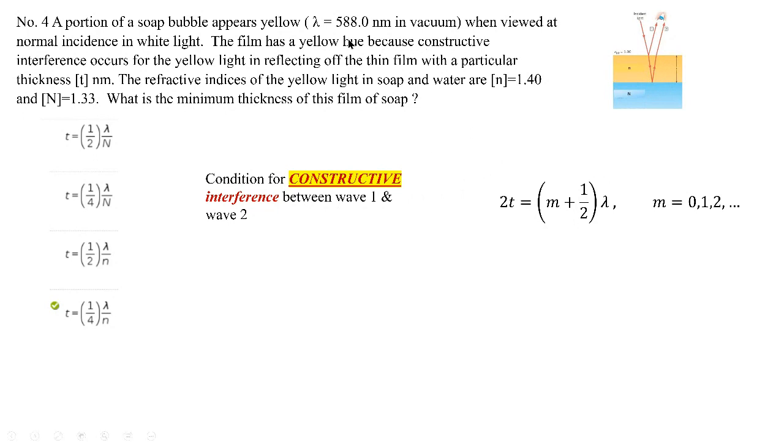It's from here that I want to know the condition for constructive interference. And I now say that I travel 2T, twice the thickness, and in so doing, my path length was actually m plus a half lambda.